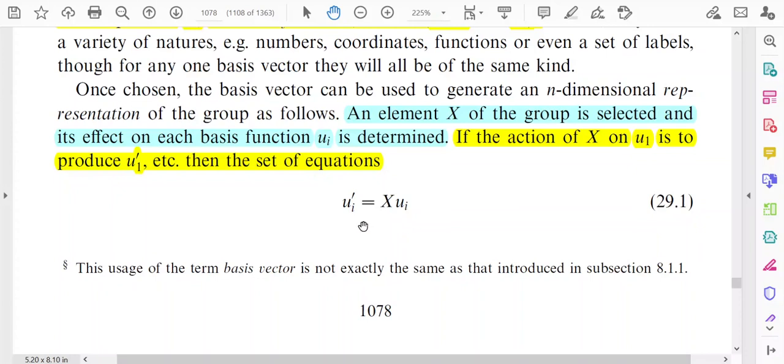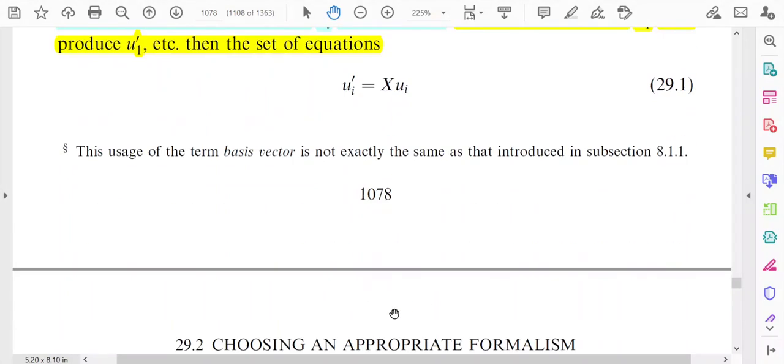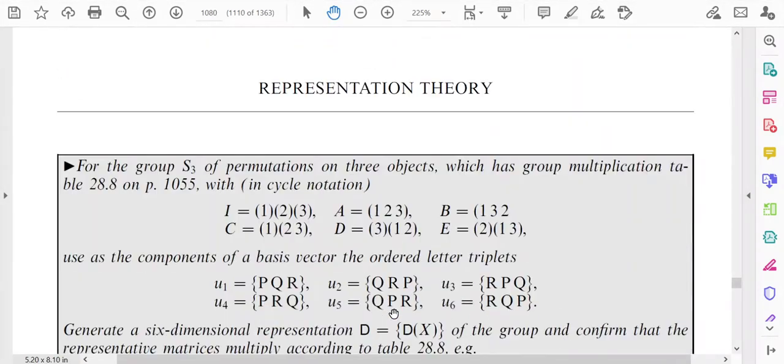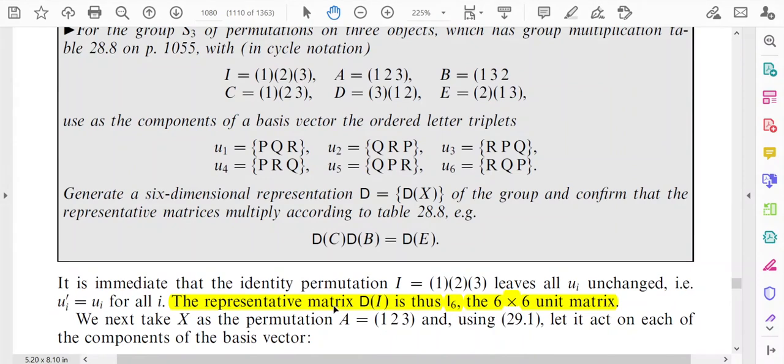So in general we obtain ui prime is equal to x into ui, where for 6 elements i will run from 1 to 6. For example, u1 prime will be x into u1, u2 prime will be x into u2 and so on. Here we are choosing x as I, the first element or the identity element.